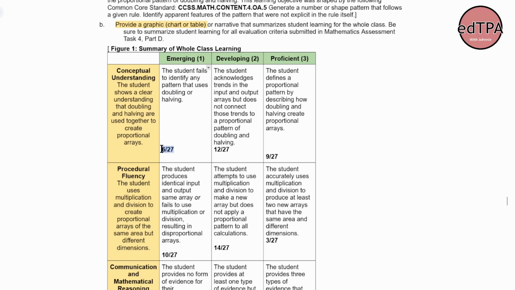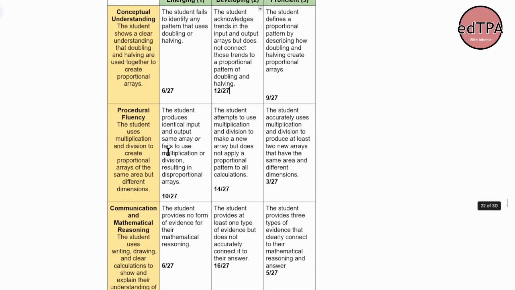You can also see that the number of students at those levels is defined here. For this first one, maybe a third of the students met the level, but two thirds of the students didn't quite get there. And this happens with procedural as well. A few students met the expectation for procedural fluency. You can see the description here. Procedural fluency is described in general, but then specific to the levels too.